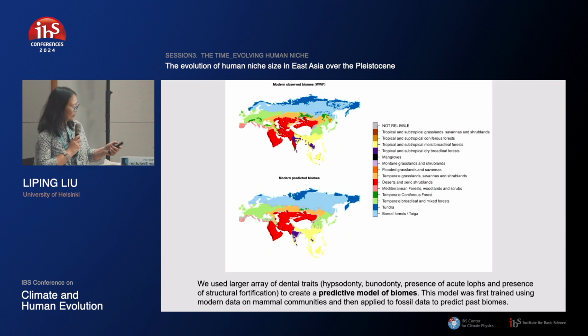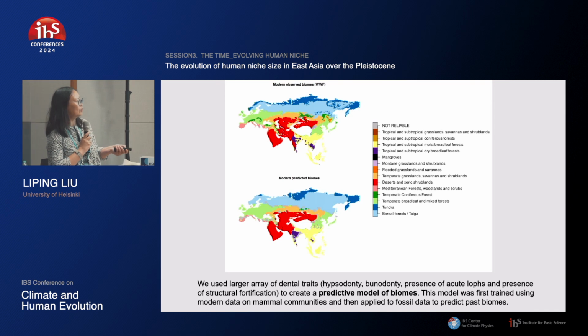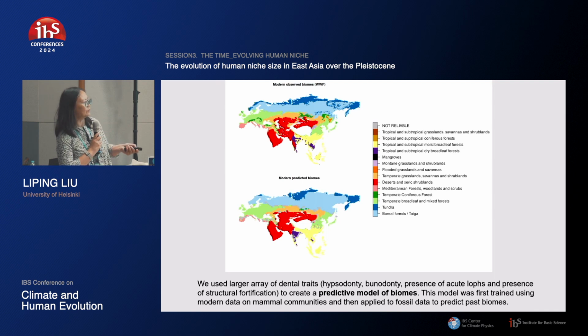After that, we want to predict which habitat each fossil site can be classified into. So besides the bunodont and the hypsodont, we use two more dental ecometrics: the presence of acute lobes, which also means they have sharp subcusps, and the presence of stratified, fortified cusps, to create a predictor model of biomass.